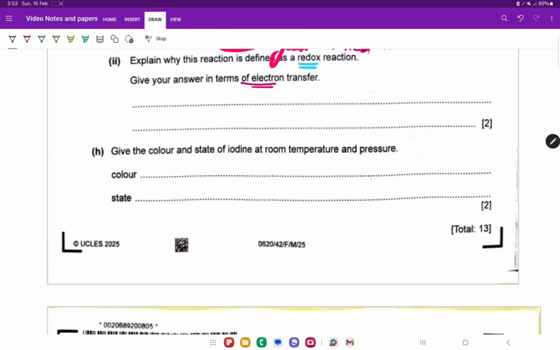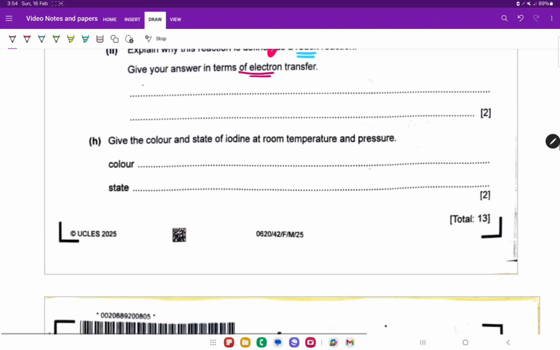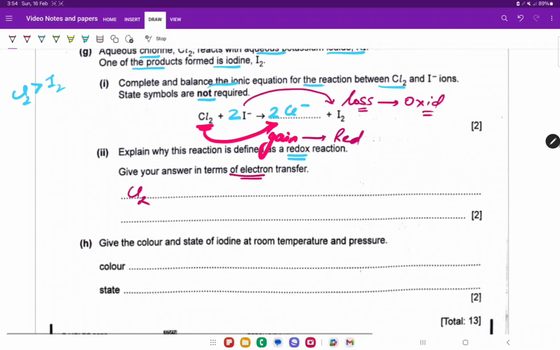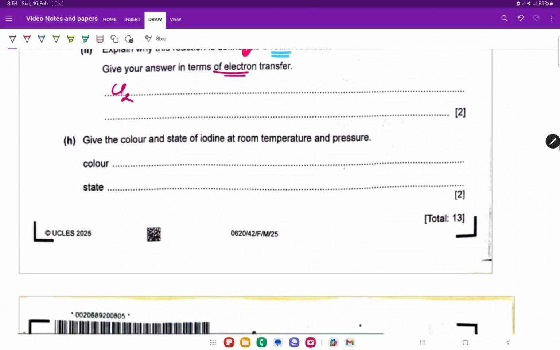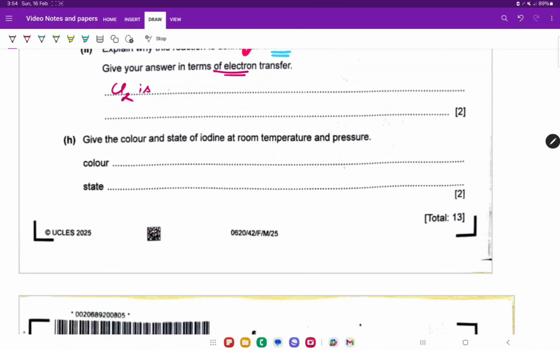So what will I write here? I will write Cl2. Cl2 is gaining electrons, is accepting electrons, and thus reduction is taking place. Cl2 is accepting or gaining electrons to form chloride ion, Cl minus ion. Thus it is undergoing reduction.